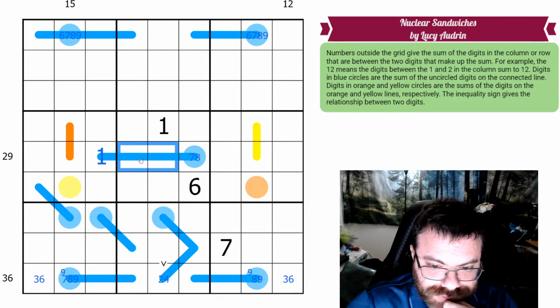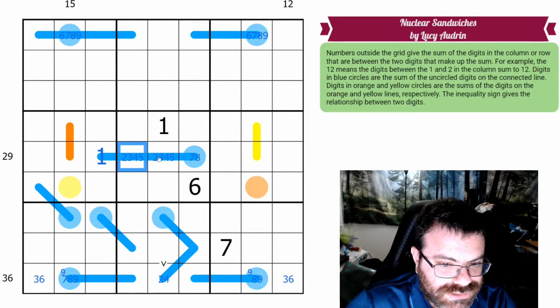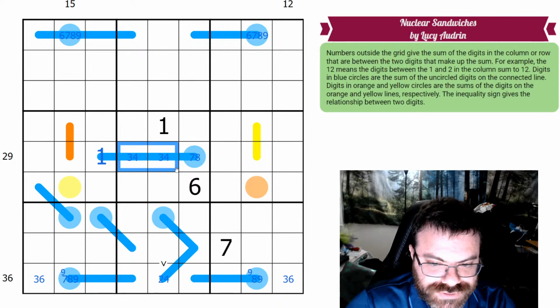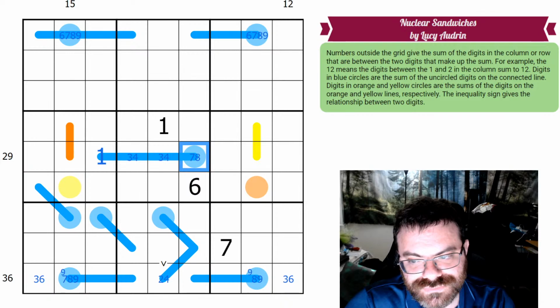So this is either 2, 5 or 3, 4. But well, we also can't have a 2 in these 3 cells, so it's 3, 4. Oh wait, but this could be... No, we can't have a 2, so this is 3, 4, this is 8.